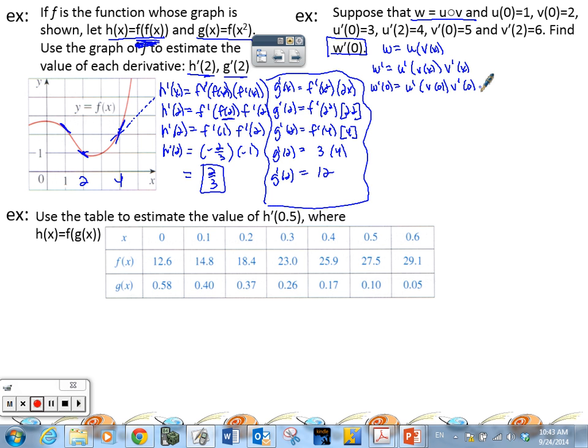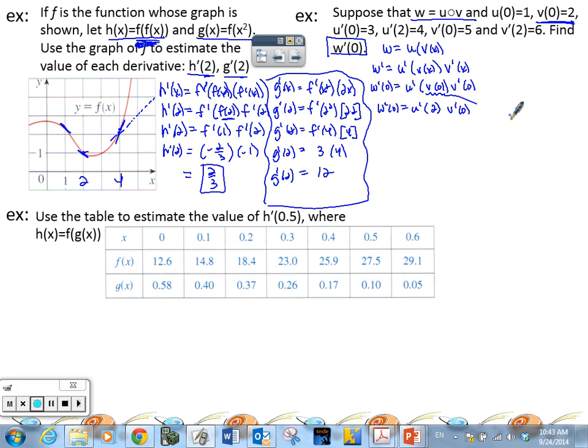We have a function value, this little guy right here. So we have W prime of 0 equals U prime of 2 times V prime of 0. And there we go. Hopefully they gave us all the information that we need. In fact, you'll notice they gave us more than we need. That's really intentional on their part to make sure that you know how to do the chain rule.